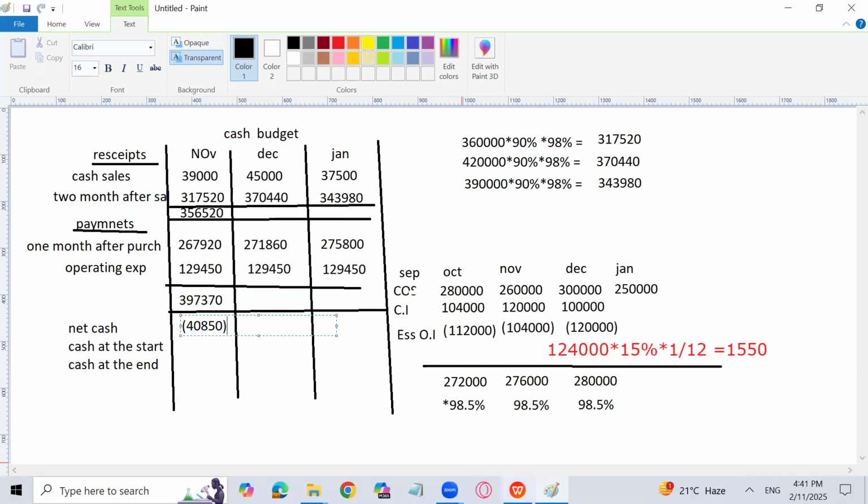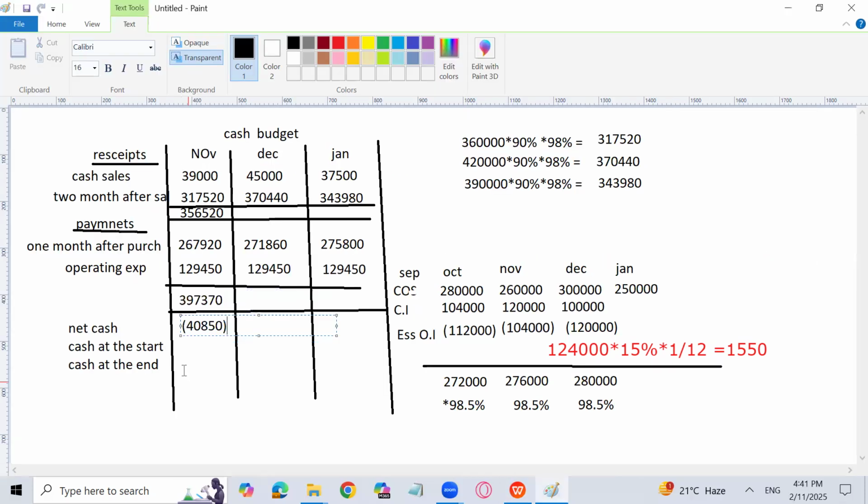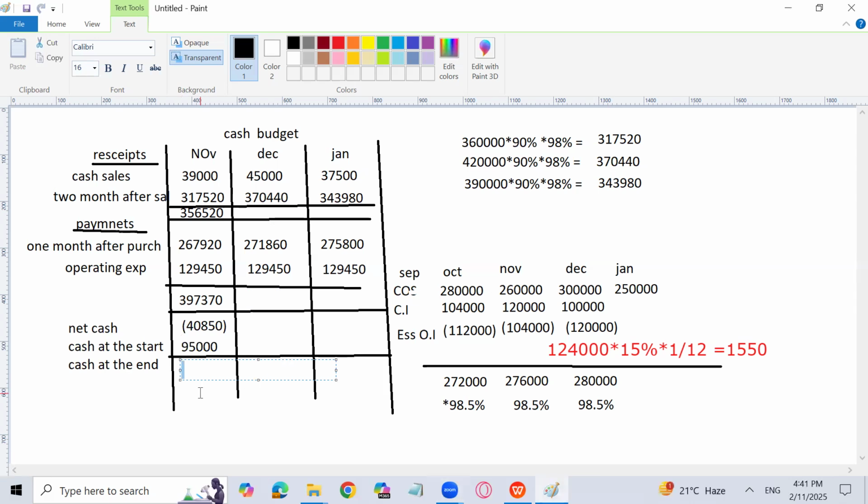40,850. Now let's see what is the cash at the start. Cash at the start is 95,000 on 1st November. That is quite enough. 95,000. So cash at the end is how much? 54,150.